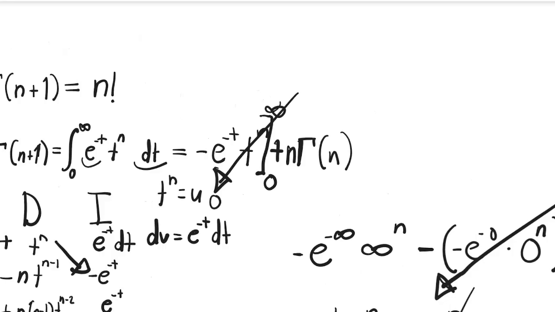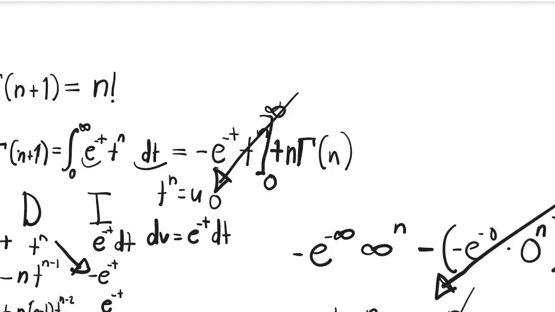And we have gamma of n plus 1 is equal to 0 plus n times gamma of n. So let's rewrite it over here. Gamma of n plus 1 is equal to n times gamma of n.